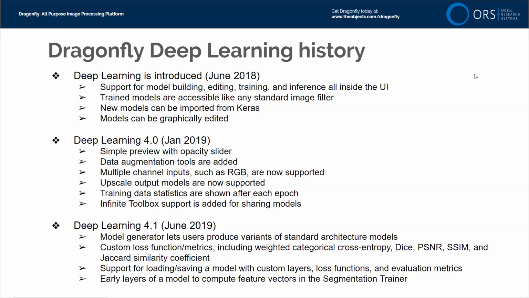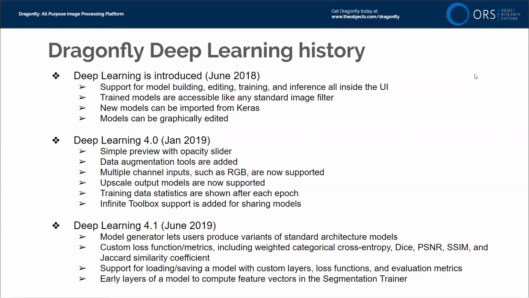If you use this feature that shipped in Dragonfly 4.1, you can extract those first couple of layers from a particular deep learning model, and you can use those first 2 layers as your feature vector. So rather than saying my feature vector is going to be composed of a Gabor function and a median filter and a difference of Gaussians, etc., you can actually use the layers trained in a deep learning model.